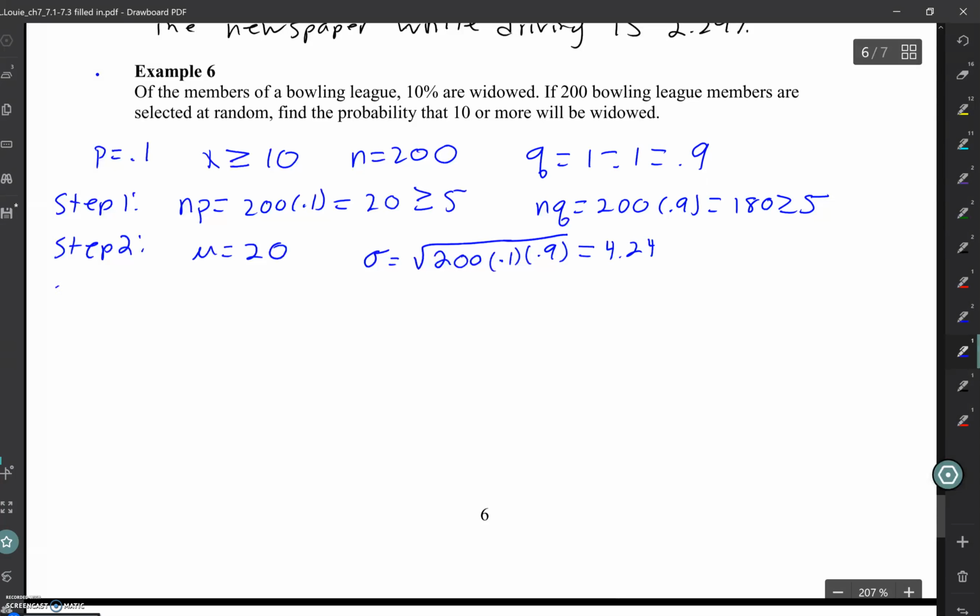So then what I need to decide is what probability am I actually trying to find? Well, we're looking for the probability that x is greater than or equal to 10. So what does that mean I need to do with the 0.5? Do I add, subtract? Do I do both?